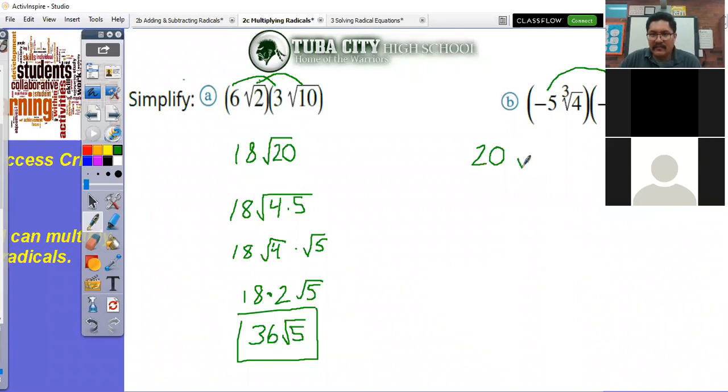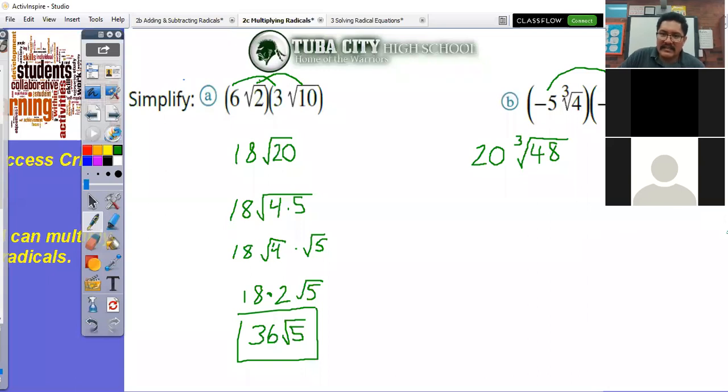Now, I still have to multiply what's under here. So 4 times 6 is 48. And we're still taking the cube root of it. So yeah, we're still taking the cube root of 48.